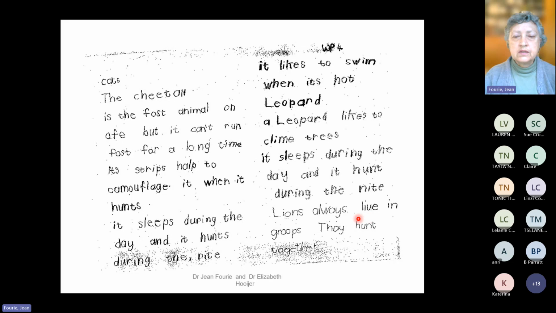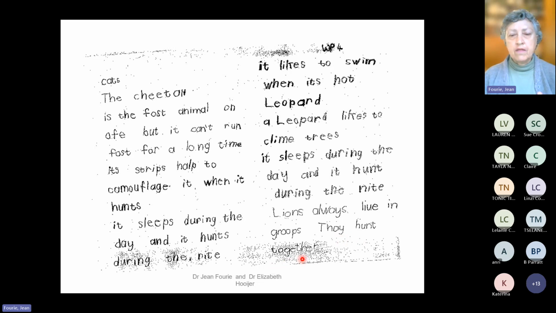Lions always live in groups, spelled G-R-O-O-P-S, groups. That's fine. What else about lions? And they hunt together. The spelling of they is incorrect here, T-H-A-Y. It should be they, E-Y, so that would be an opportunity to do some remediation.